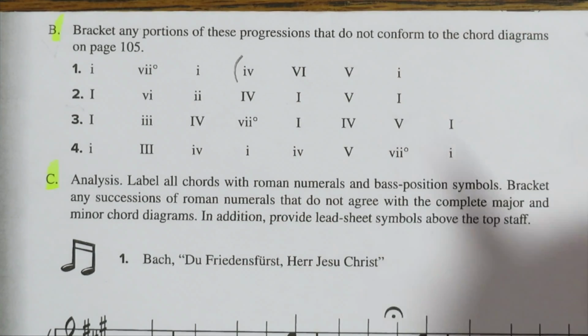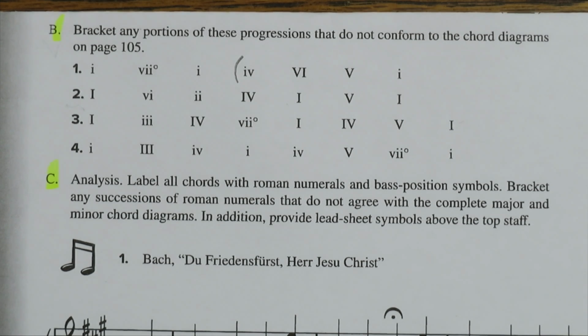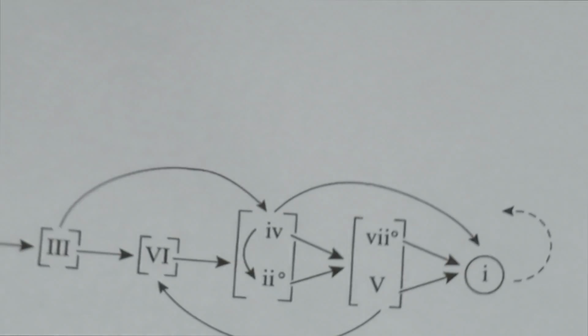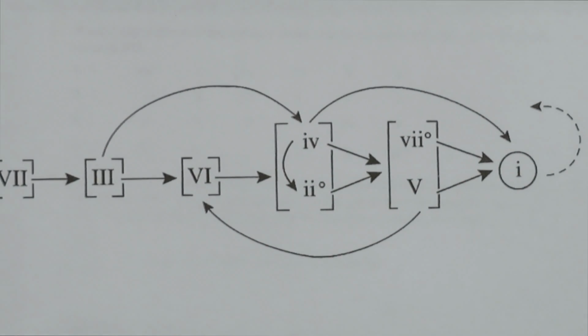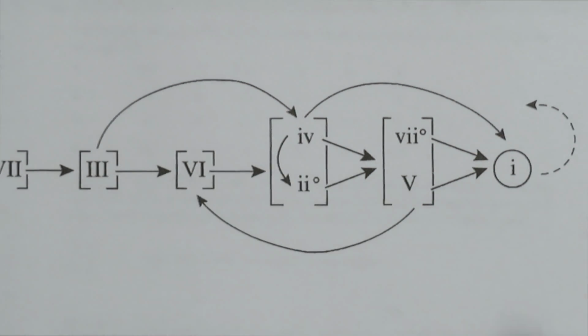Does the 6 like to go to the 5? Well, any chord can move to the dominant. So, yes, that is possible. Most commonly, the 6 likes to go to the 4 or the 2.